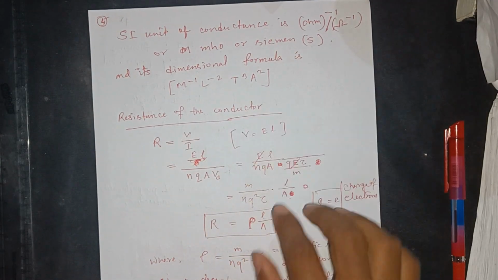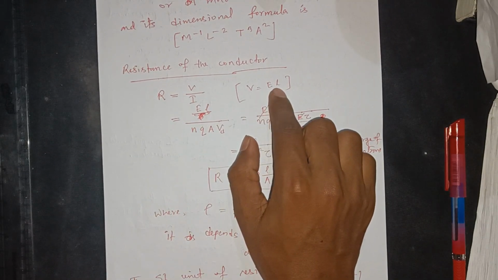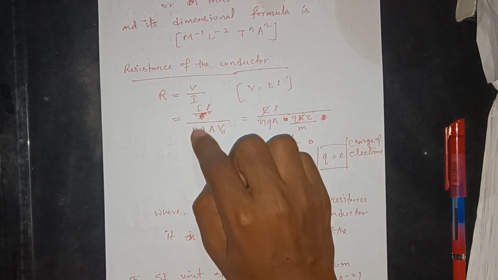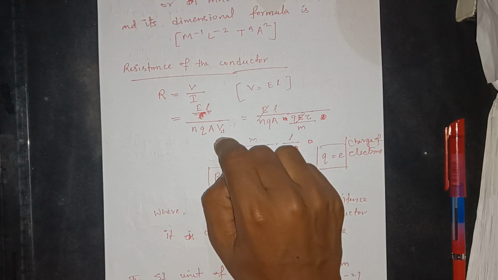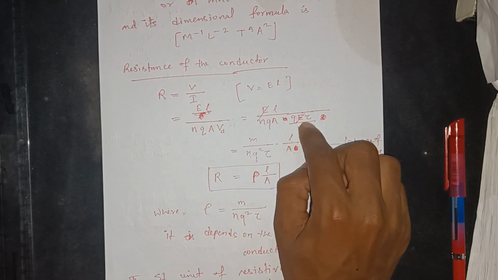The resistance of the conductor, R is equal to V by I. So V is equal to EL, so EL divided by I is nqAv_d. Also v_d is equal to qEτ by m.